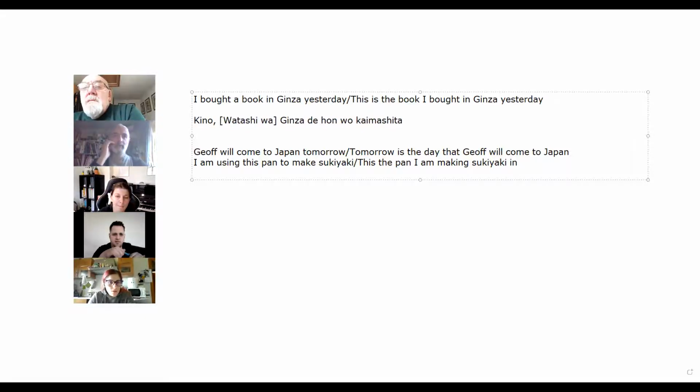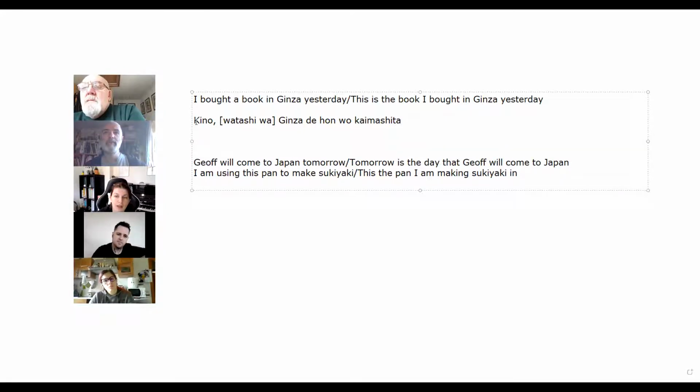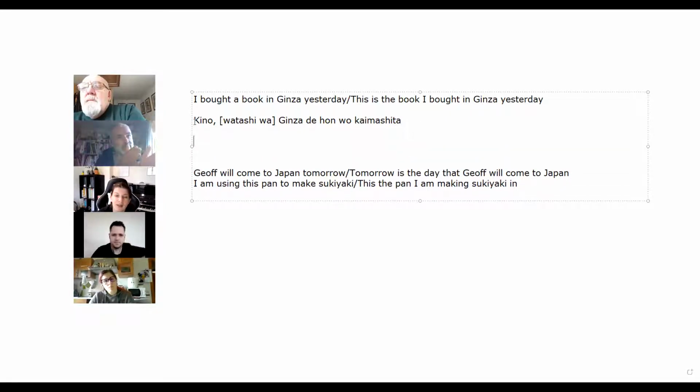Kino. Kino watashi wa Ginza de hon o kaimashita. Yeah, good. And then what we're doing with the second sentence here is we're shifting the focus of the topic away from me and onto the book itself. So this is the book I bought in Ginza yesterday.